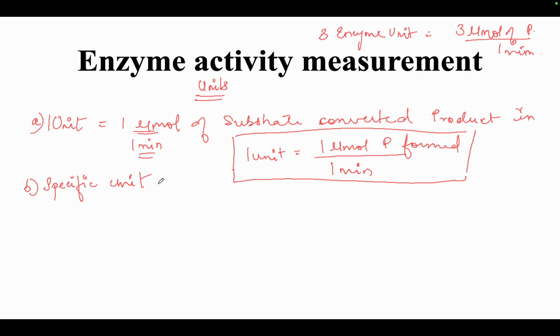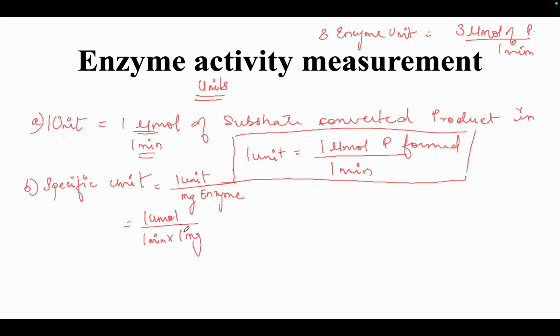So the specific activity refers to 1 unit per milligram of enzyme. So the specific activity unit will become 1 micromole per 1 minute per 1 mg.